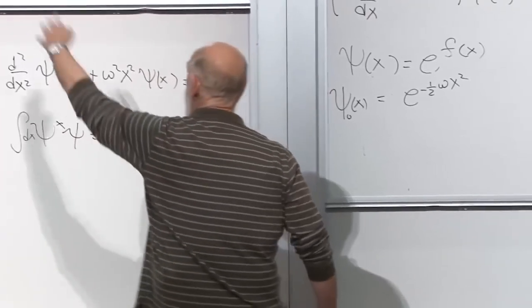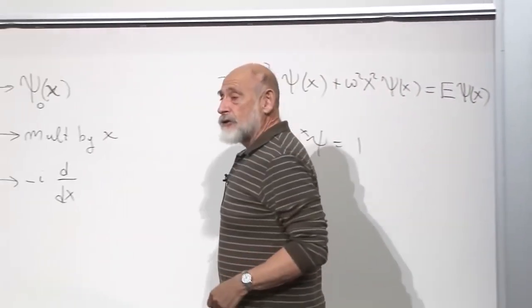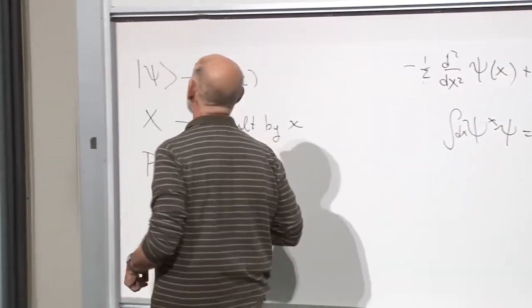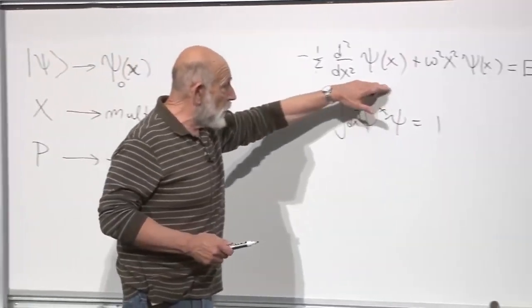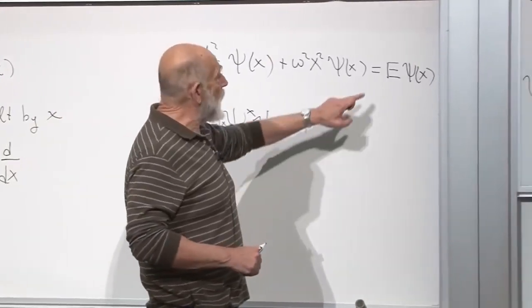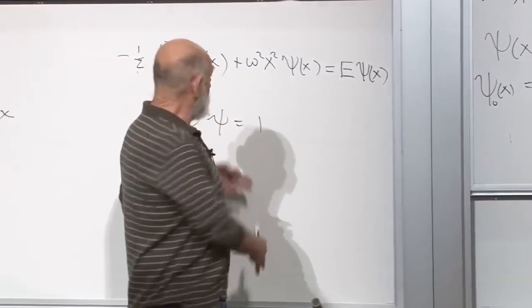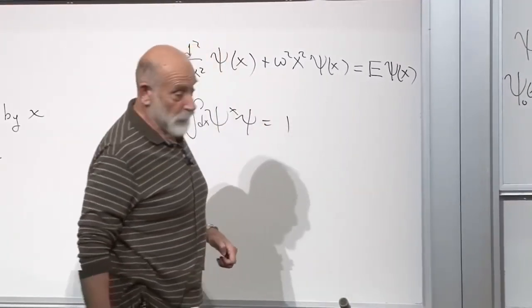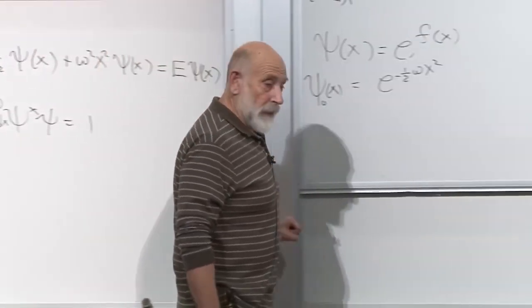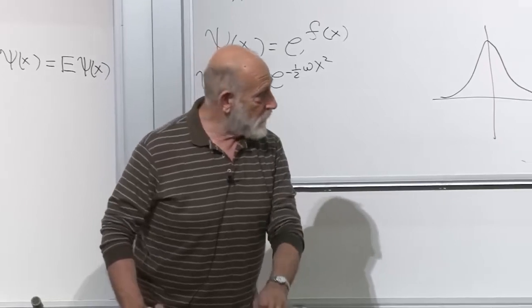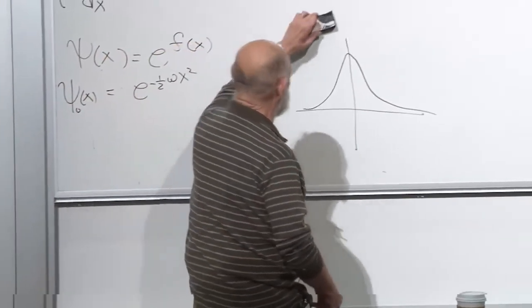We know that from all the algebraic tricks over here. So if we stuck this function back into this Schrodinger equation, we would discover that E is equal to 1/2, just by plugging it in and doing it. So we know the ground state wave function. We have one eigenvector of the energy.